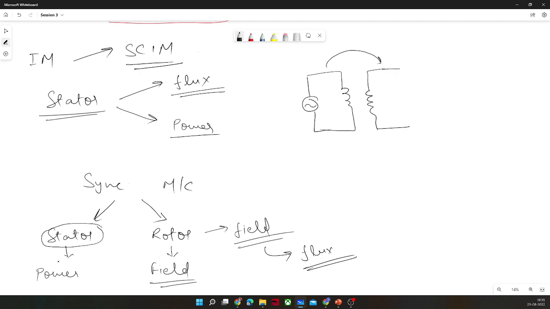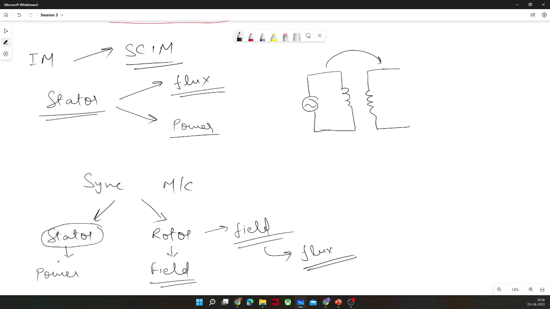In the first session, I guess I discussed electric loading and magnetic loading. If any machine tries to run, it should maintain two criteria: the rated magnetic loading and electric loading. Electric loading is known as power loading, or you can say power supply parameter, and magnetic loading you can see as the flux supplier.